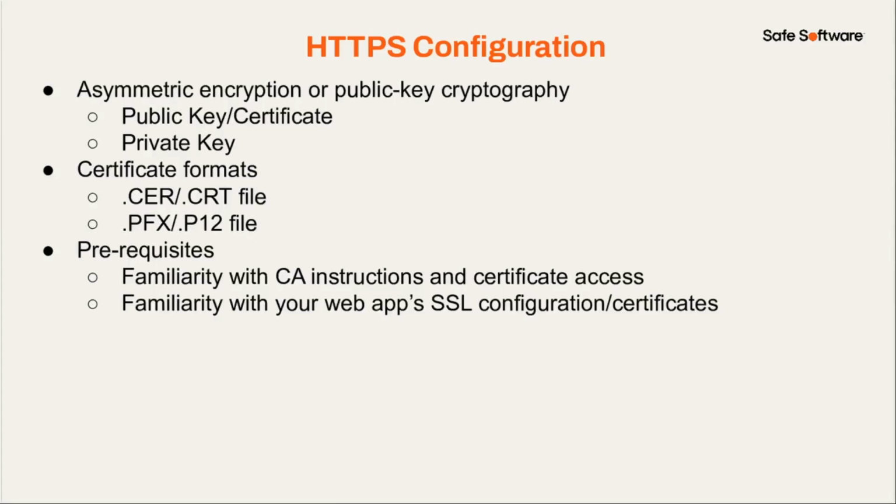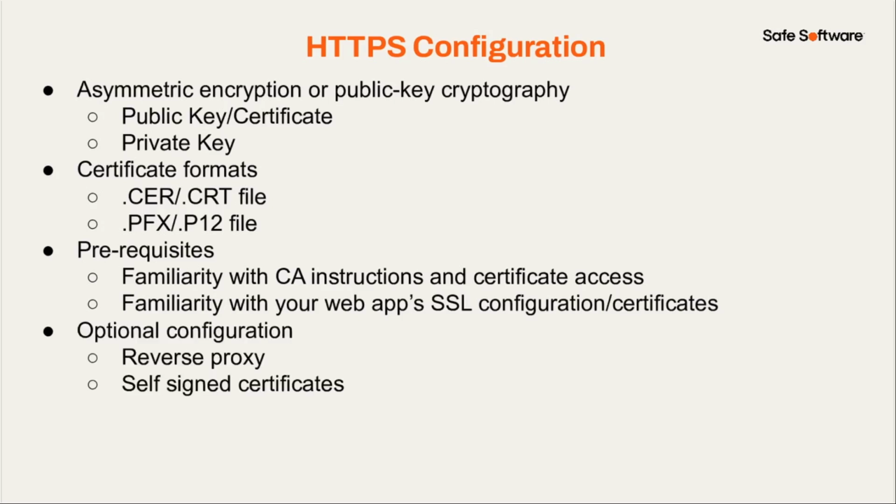And of course, in case you are using a web server app that is not shipped with FME, you might need to rely a bit more on the expertise of your own IT team to set up HTTPS on your custom web server. Optionally, if you're using a reverse proxy, that might require additional configuration.